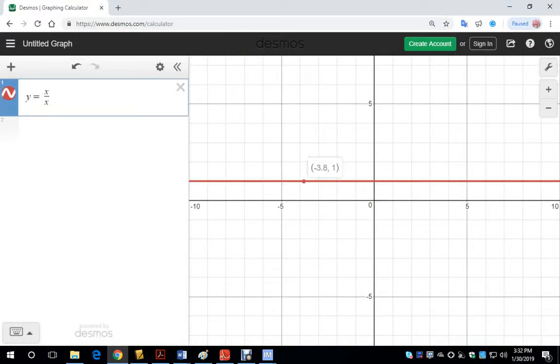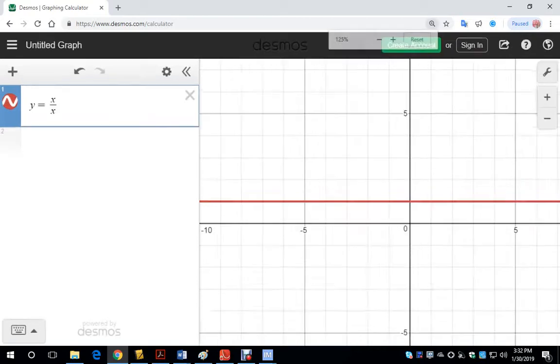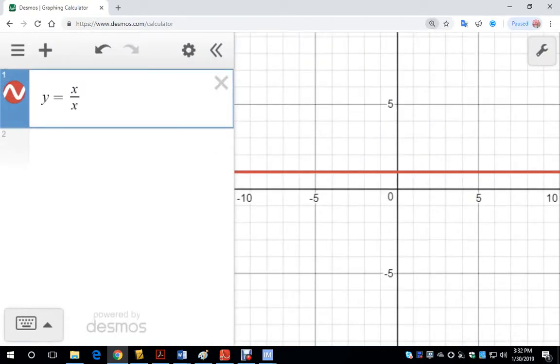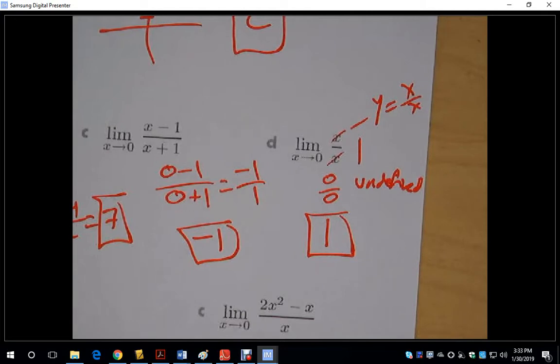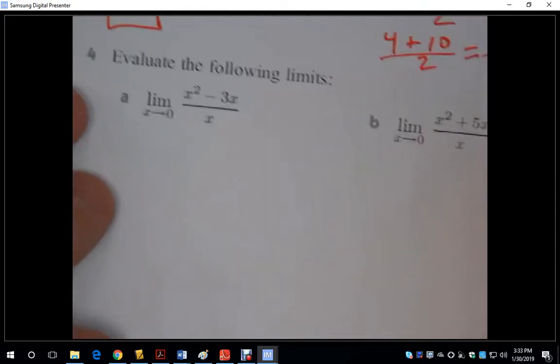And what happens when our x value approaches 0? Well, in this case, we see that we have a hole in my graph right here because x cannot equal 0. But if x approaches 0, then we get 1.